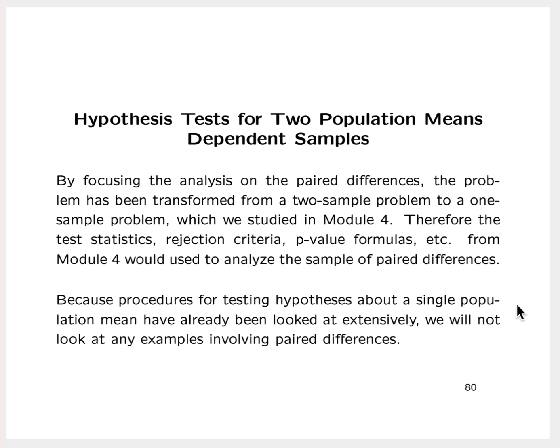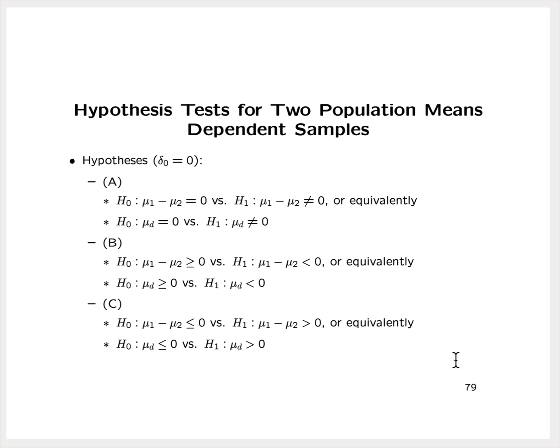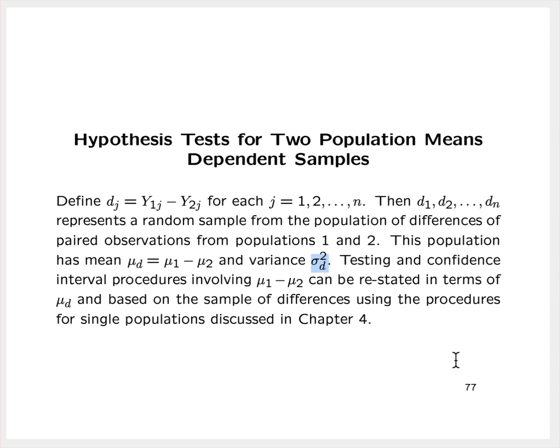And in addition to that, we've looked at constructing confidence intervals for a single population mean, and so that would allow us to use that same type of procedure for testing hypotheses about the difference mu sub d, or the mean of the differences.